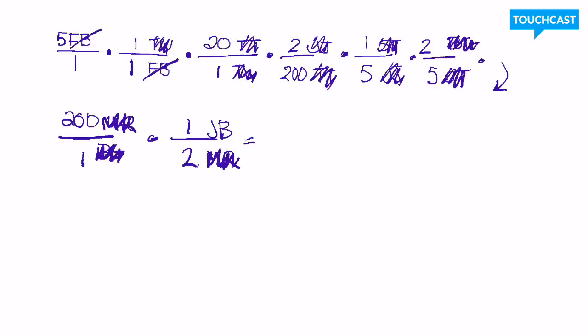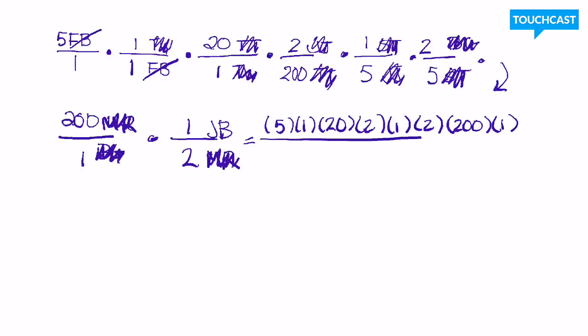So this is where it might be handy to write what you have left on the top over what you have left on the bottom. So I have 5 times 1, and this simply is just going to let you compare with other people what they got, check your work, see if you missed anything, that sort of thing. I almost always do this when I have a whole bunch of conversions.